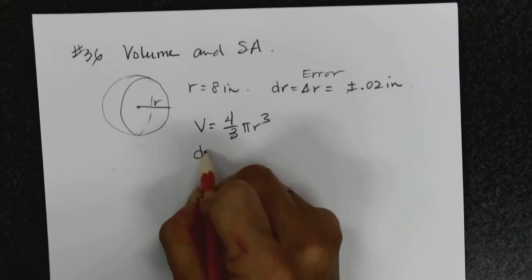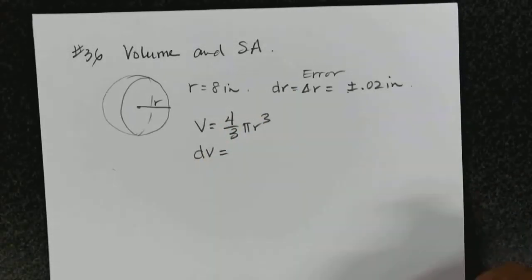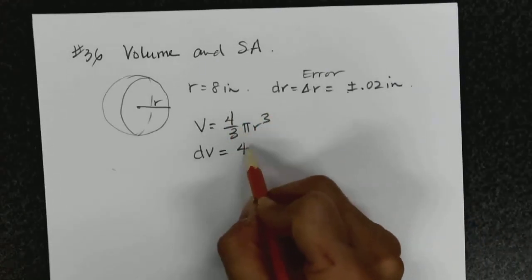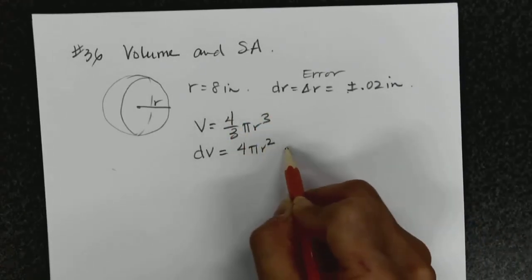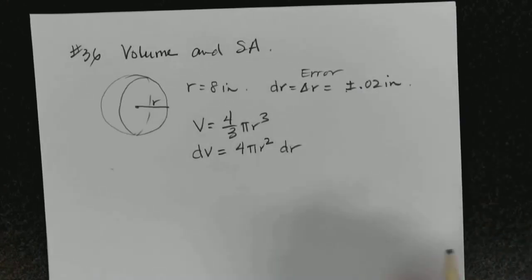So dV is the derivative of this times dr. So bring down the 3, so I get 4 pi r squared times dr. So now we just plug it in.